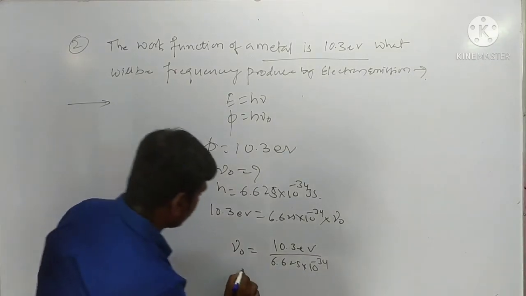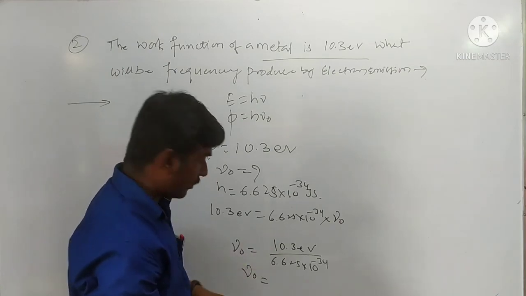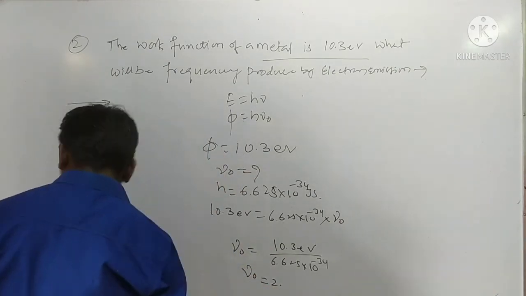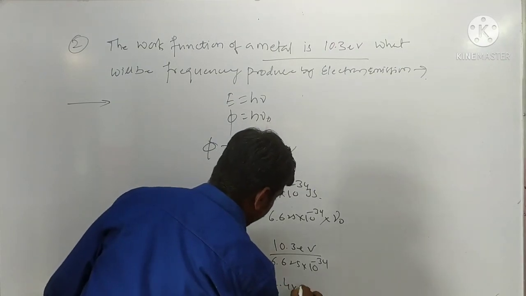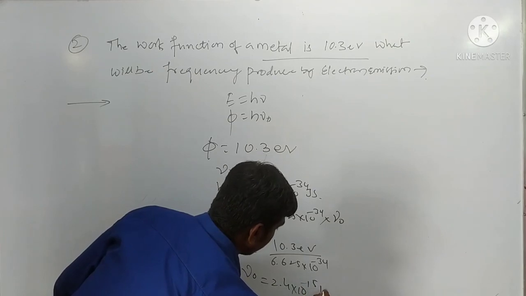So the threshold frequency, on division, you will get approximately 2.4 into 10 power plus 15 hertz.